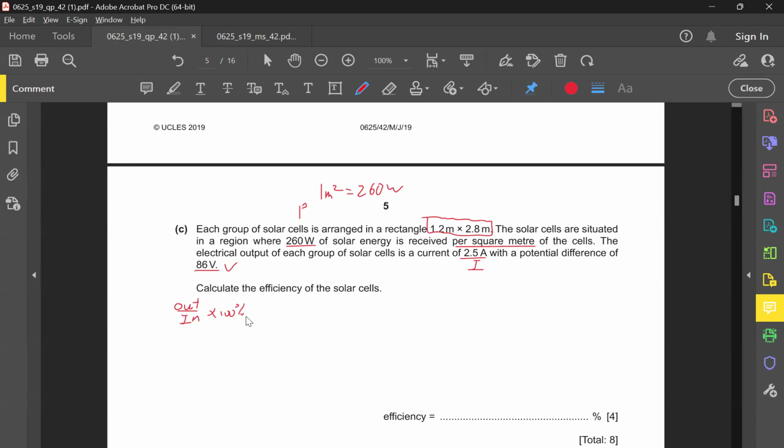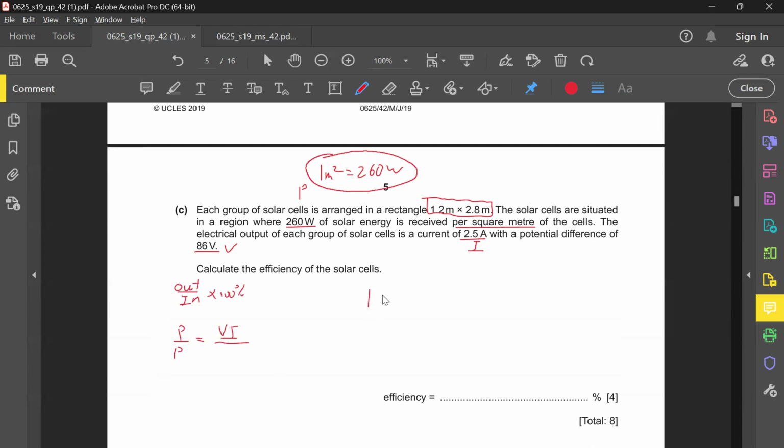So first things first, I want to find out how much is my output. My output will be basically 2.5 times 86, because P equals VI, guys. I'm basically looking for power output over power input, which in this case is VI over the input, which is based on this per square meter. So if I have 1 meter square, I have 260 watts.